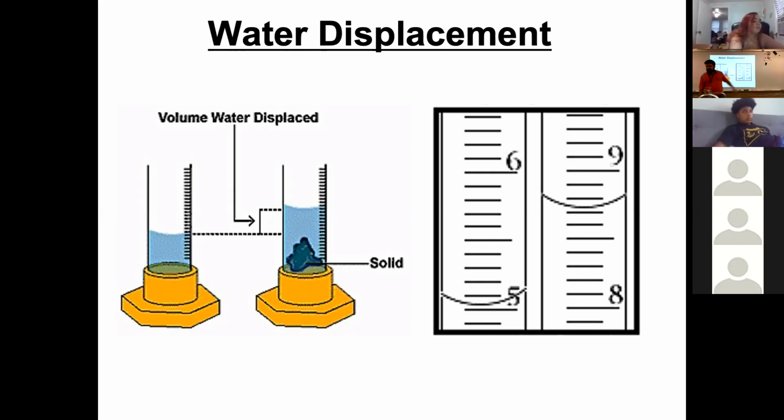So over on the right side of that PowerPoint, you see two different drawings. Let's do the same thing. Take a second, type out a chat if you think you can tell what the volume of this rock must be to make it go from where it was to where it is at the end.